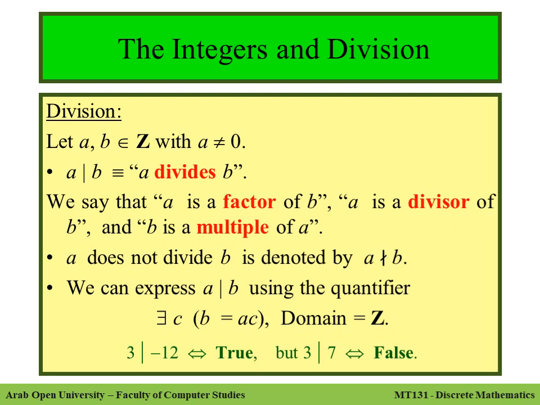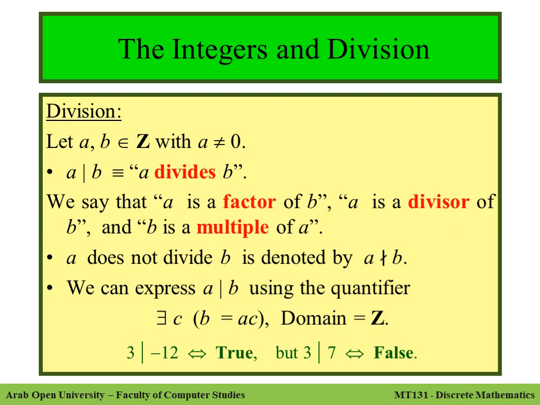If a divides b, we can use a quantifier by saying there exists a c such that b equals a times c. But here again, that also says the same thing, that a is a factor of b, or that b is divisible by a. And the domain here for this quantifier is the set of integers.